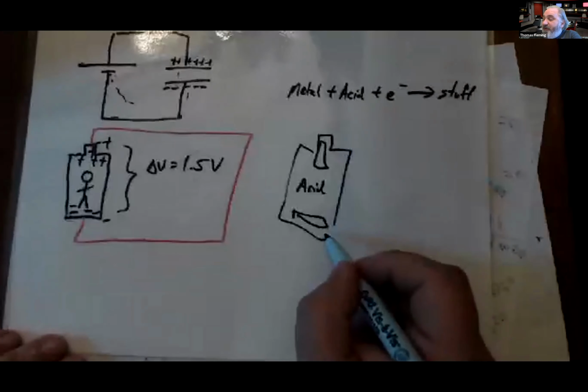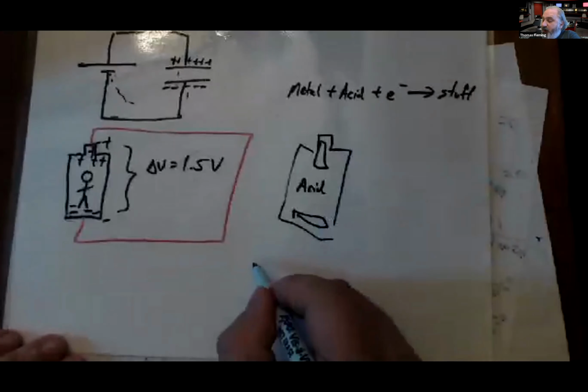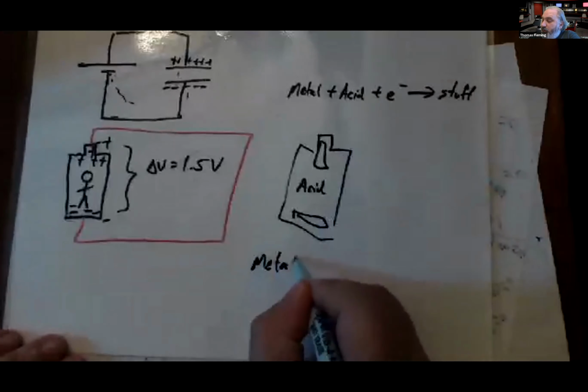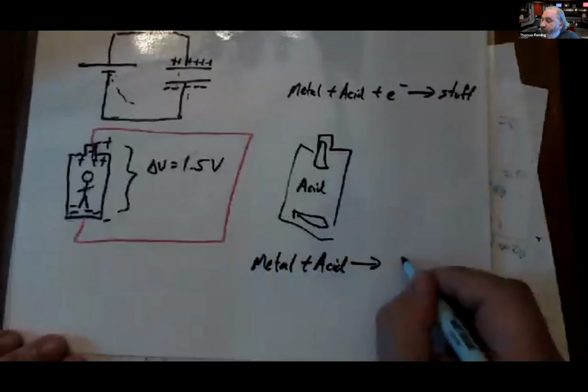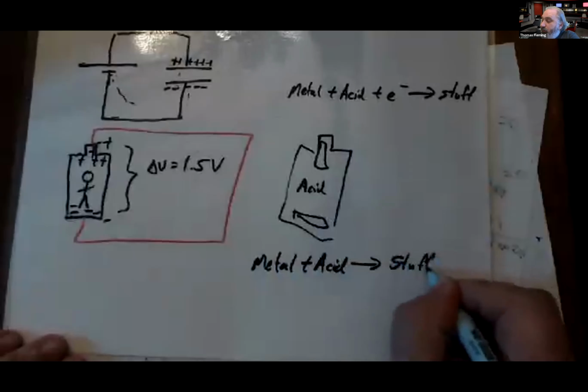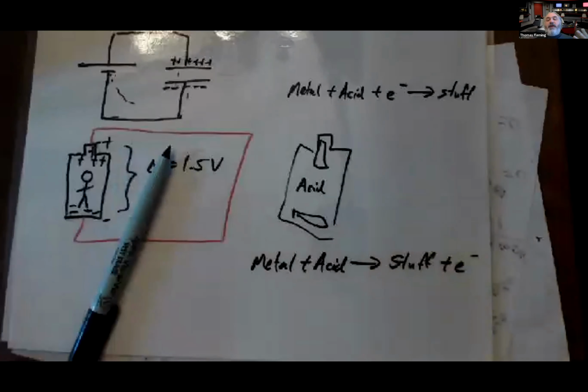Down here, you've got a similar reaction, but this reaction tends to produce extra electrons. So here you've got metal plus acid yields stuff plus free electrons. These two chemical reactions are occurring, and you end up reaching chemical equilibrium.